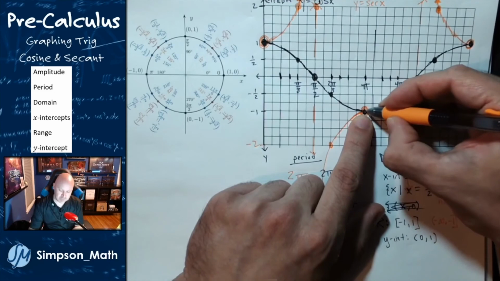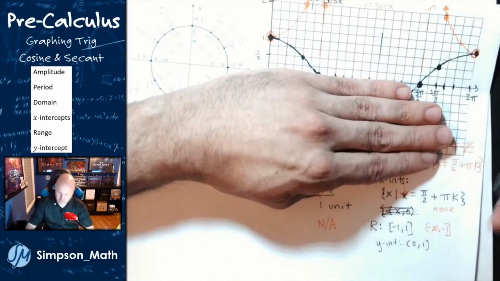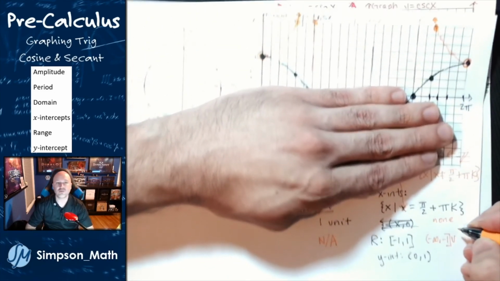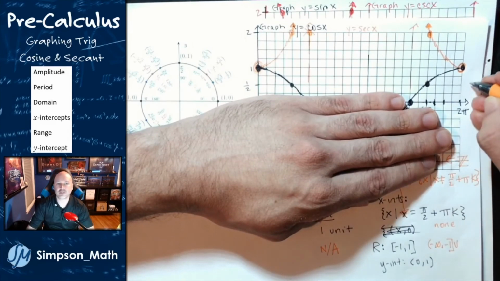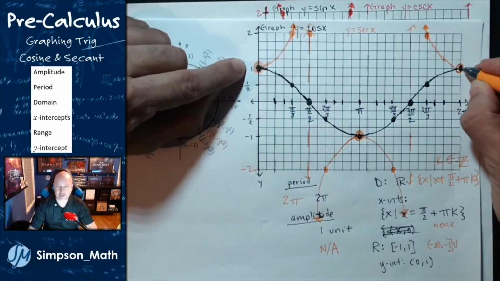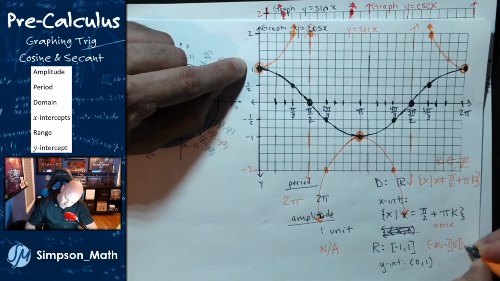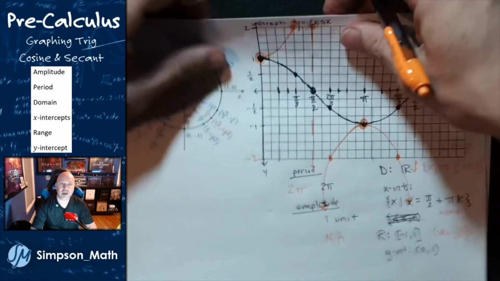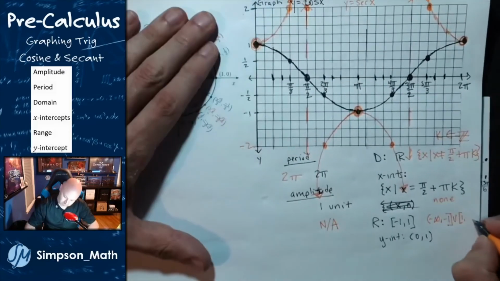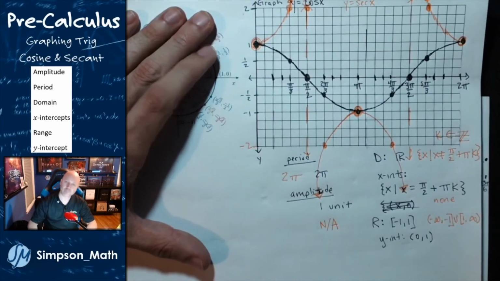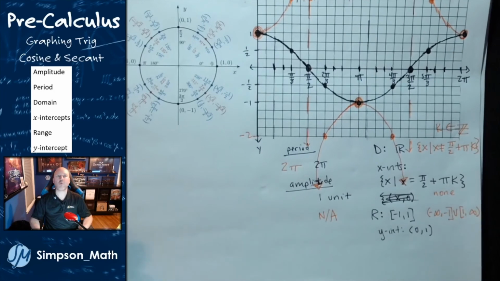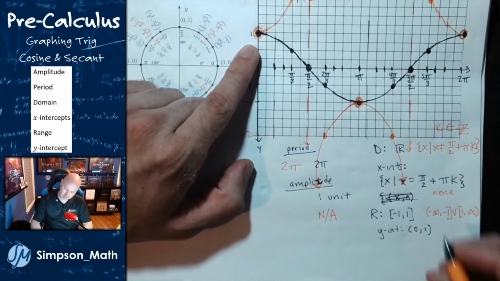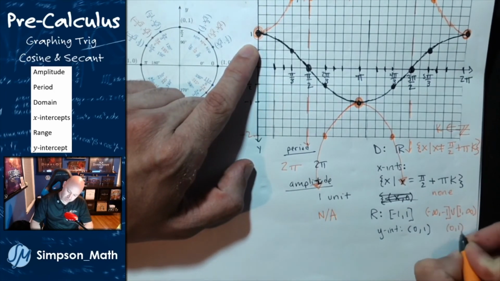But then I'm going to have to pick up my pen. So I'm now unioning this with another interval. And I will start this process back at +1. And then I'm good to go to positive infinity and beyond. Y-intercepts, same as cosine, (0, 1).